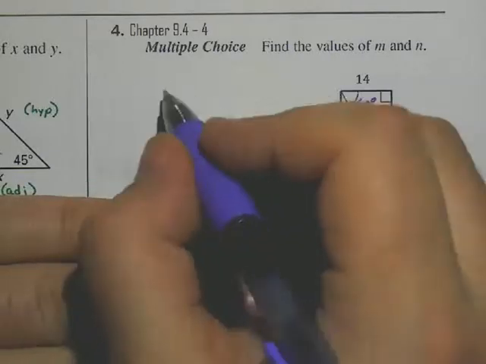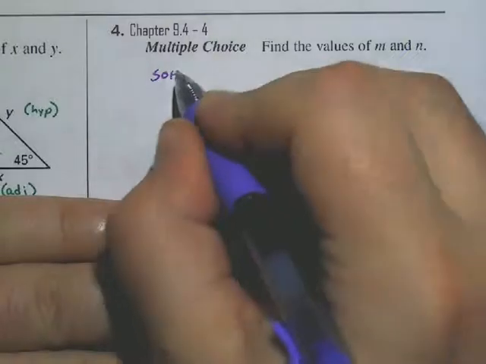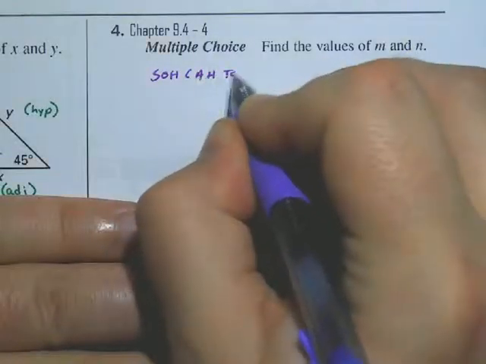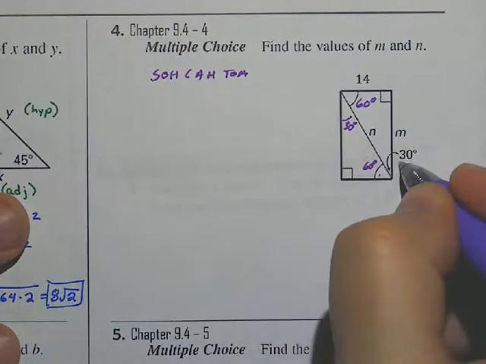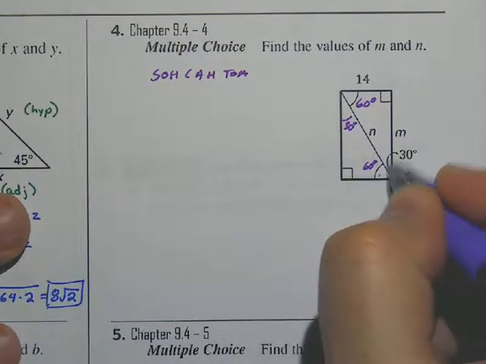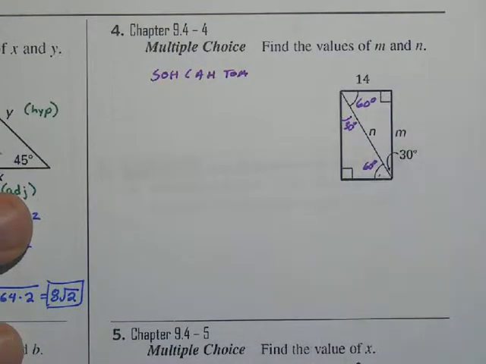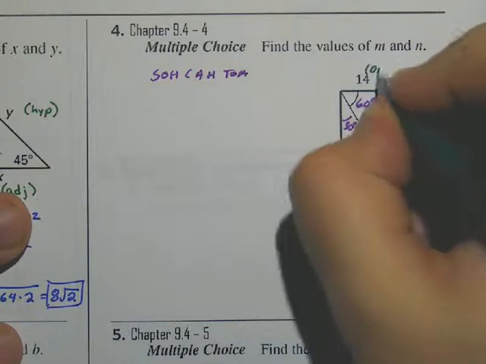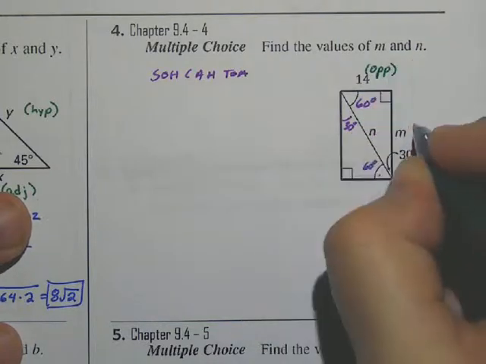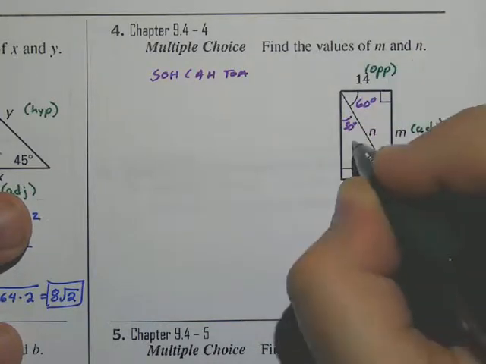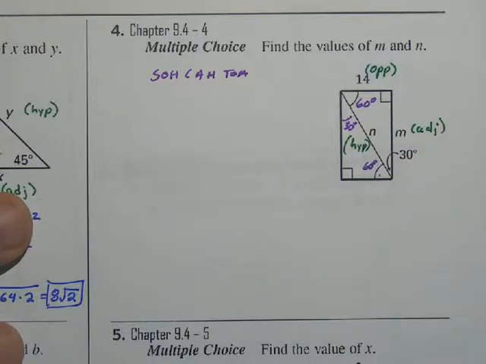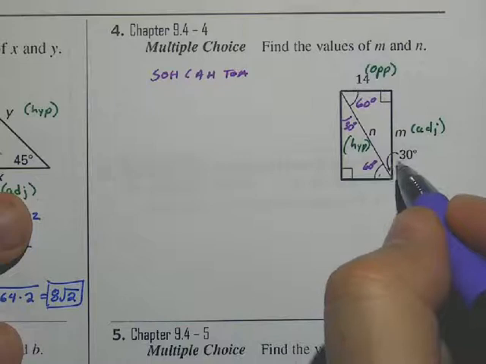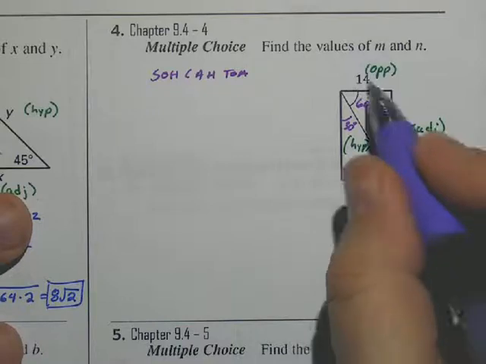And so setting up SOHCAHTOA again, we're going to get that 30 is our theta, and 14, I'm going to go ahead and label this, is opposite, M is adjacent, and N is hypotenuse. Okay, and so now if I want to take a look at these, 30, I want to deal with opposite and hypotenuse.